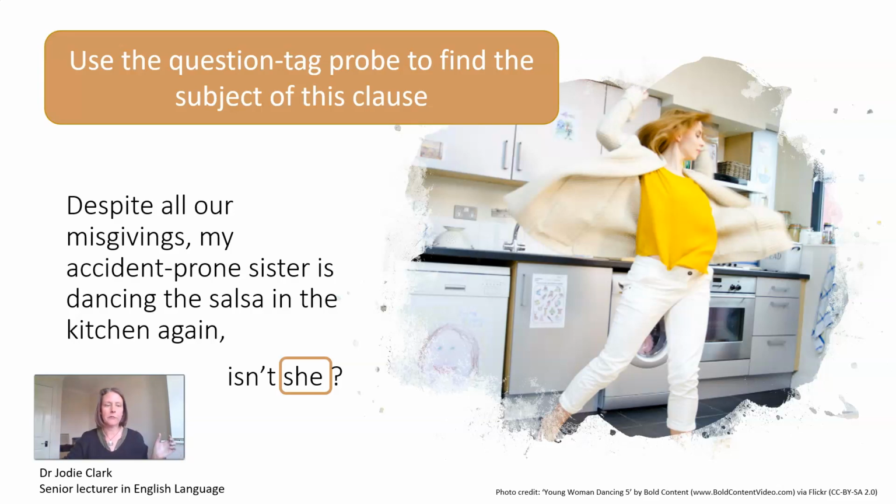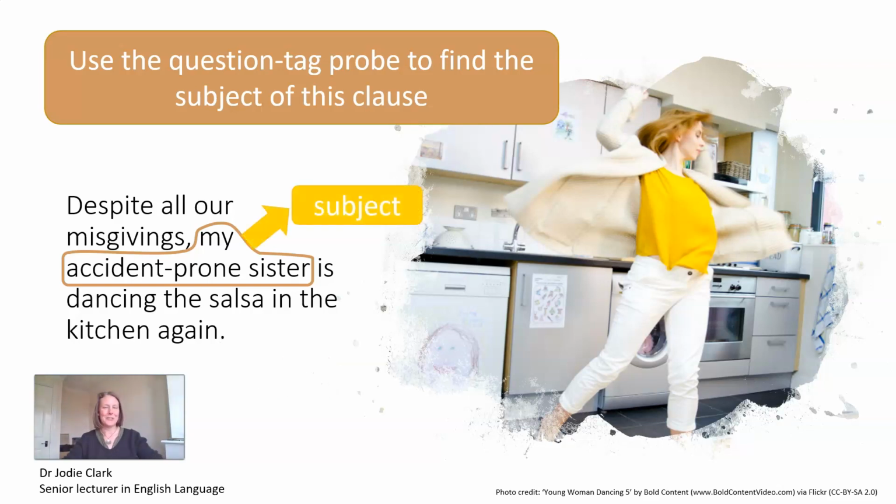So you take the whole phrase that you could replace with she. So, despite all our misgivings, she is dancing the salsa in the kitchen again, and that could replace the whole phrase, my accident-prone sister. And so then you know that the thing that she replaces, my accident-prone sister, is the subject. It's the noun phrase that's the subject of the clause.